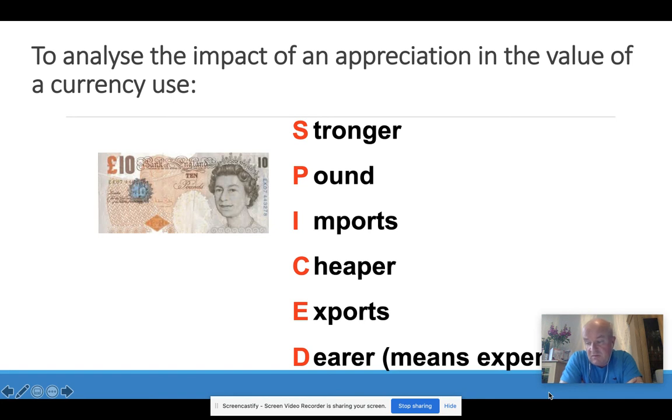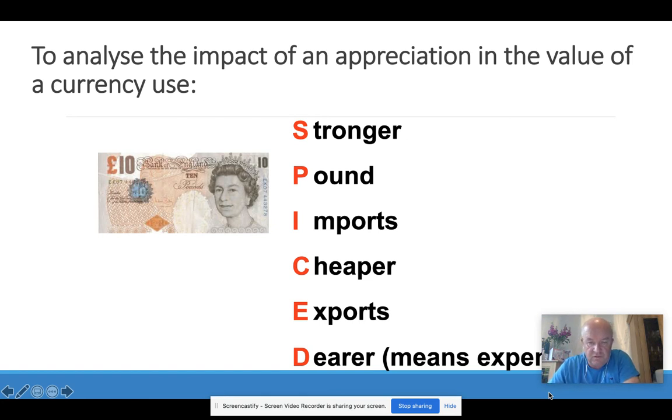It's an acronym which stands for stronger pound. So relative to another currency, if our pound is stronger, that's going to mean that our imports are going to be cheaper. When I say stronger, it's more valuable. And exports are going to be dearer or more expensive. So remember SPICed: stronger pound, imports cheaper, exports dearer.